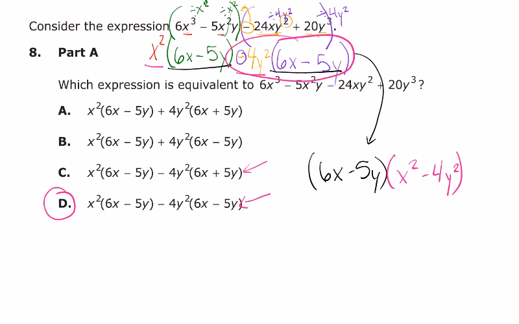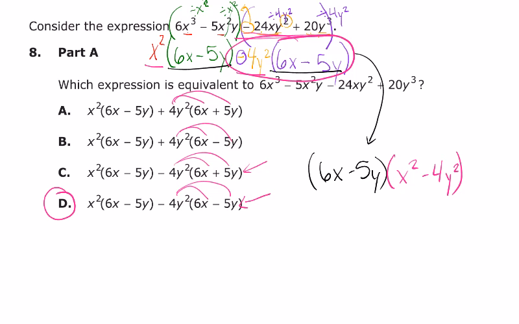Another way to do this without factoring by grouping is just to distribute all these. You wouldn't do anything with these ones right here, because those are all the same. So you would just distribute this and see if that comes out the same as this stuff up here, and then distribute this, so you just try all these and see which one comes out.